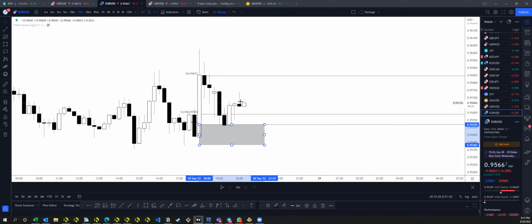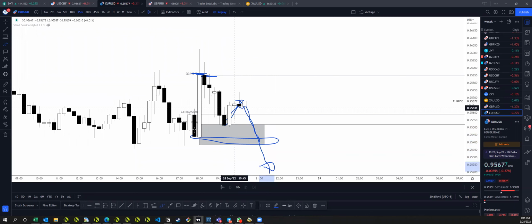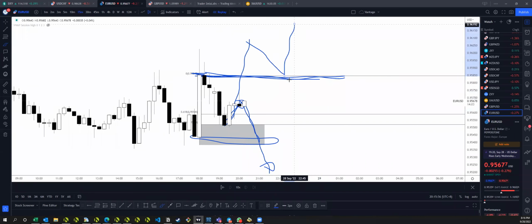So if this move up right now doesn't break this high, we can expect prices to come down to sweep this liquidity. And if sellers were to enter the market, then we can see further downside. For us to re-enter, if this is a valid buy, we want prices to break above this level, and then this forms our new support for price to retrace, and then we start buying again at this level.